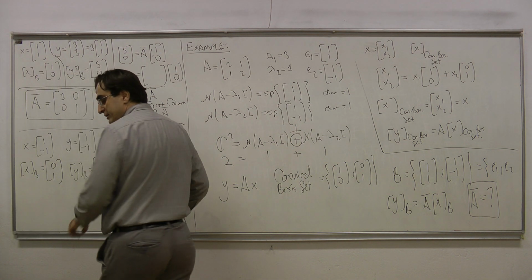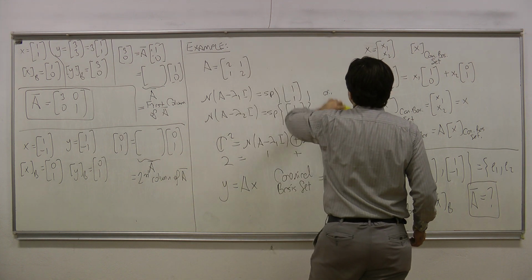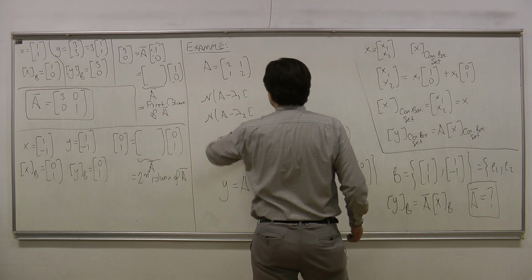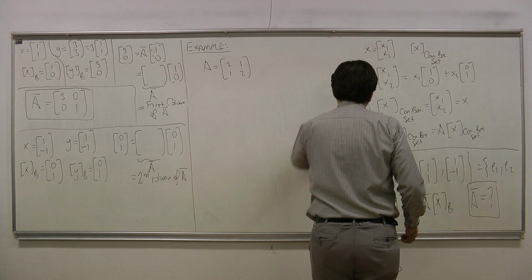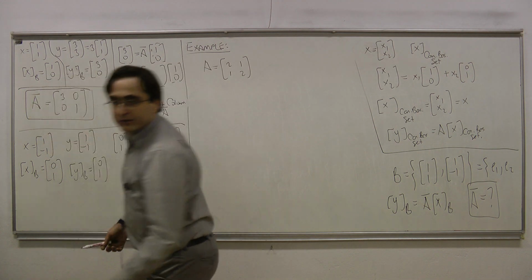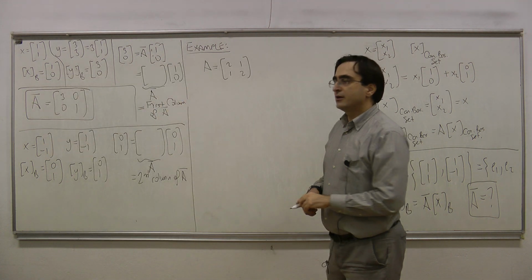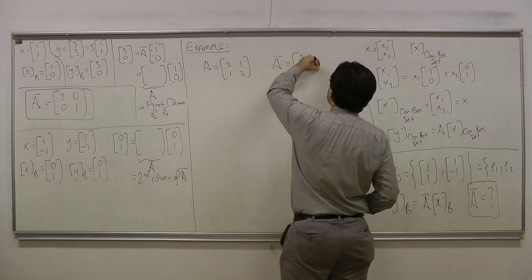So our simple representation corresponding to this symmetric matrix turns out to be a diagonal matrix, 3, 1. And the diagonal elements are nothing but the eigenvalues of the matrix. A bar is 3, 1.